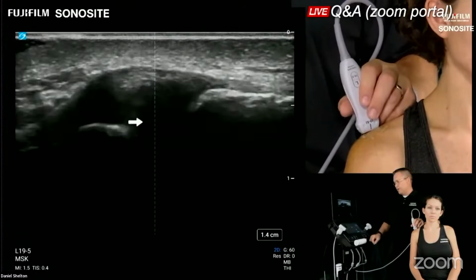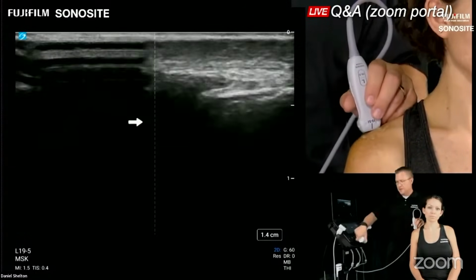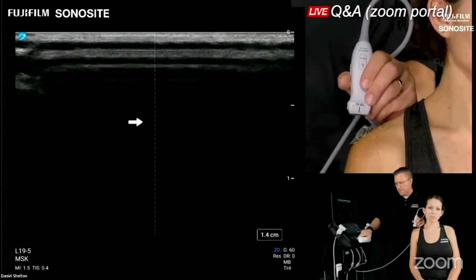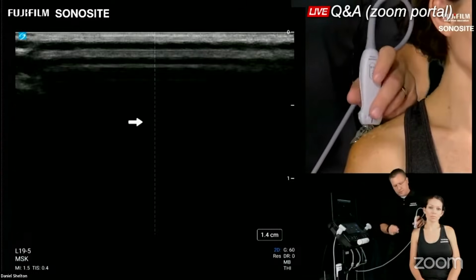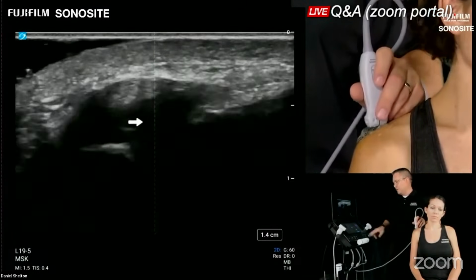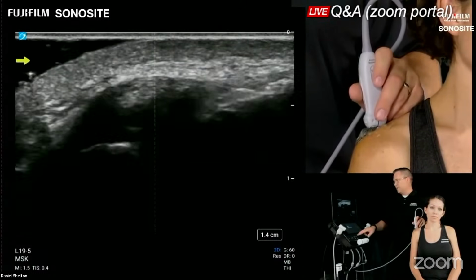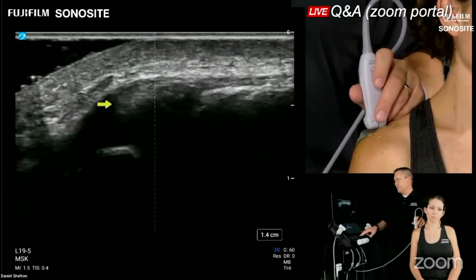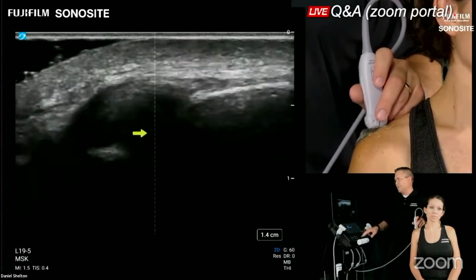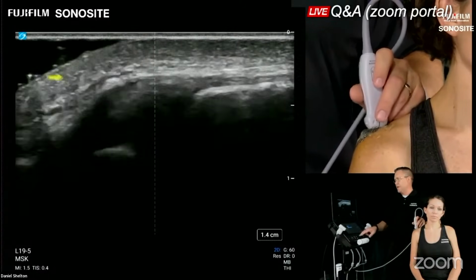Or what I also see a lot of people do is build up a sterile gel on the lateral side of the transducer here. So you build up sterile gel, you have your transducer covered, and then people will tilt the probe up and just drive their needle here through the sterile gel, puncturing that ligament down into the joint. That way they can see the needle in its shaft and bevel in its entirety.